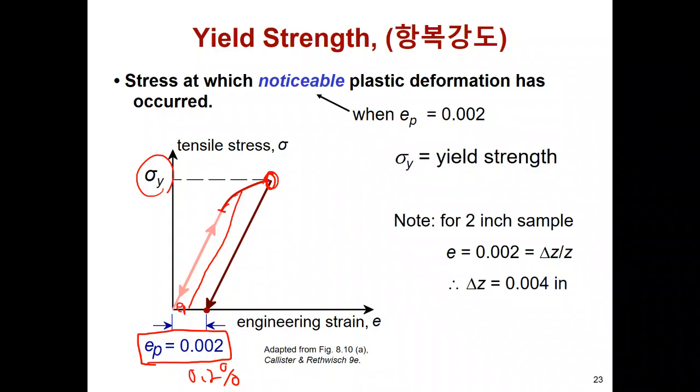It is hard to measure such a very small strain exactly, so in the engineering field they defined the 0.2 percent engineering plastic strain. In this case, we say this value is the yield strength, at which noticeable plastic deformation has occurred.